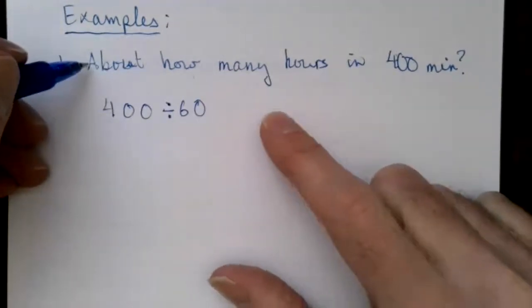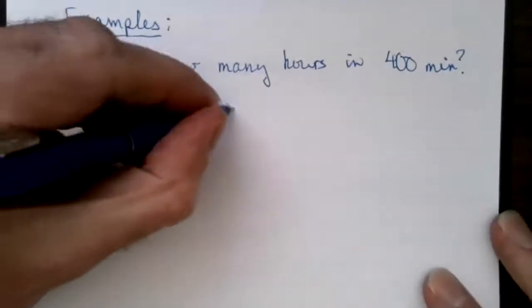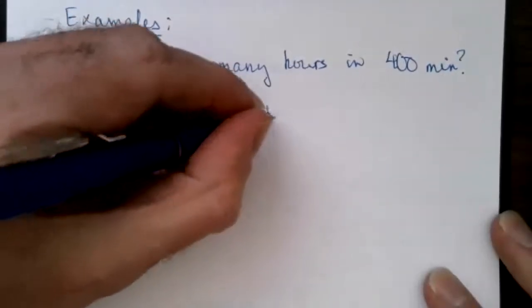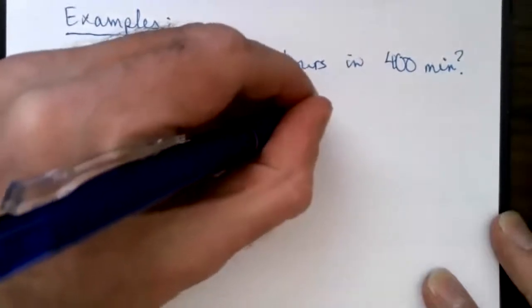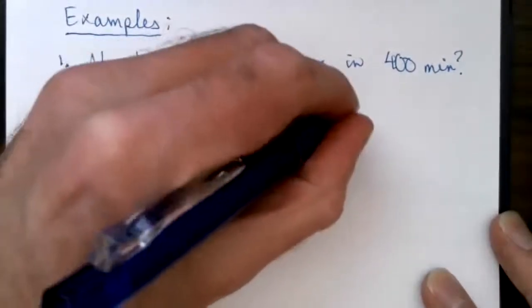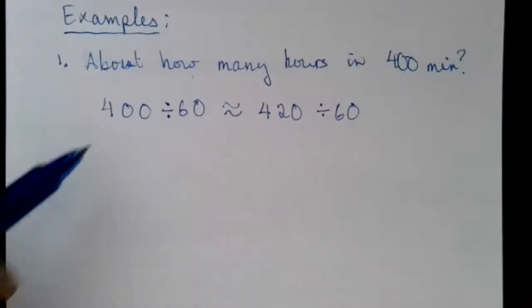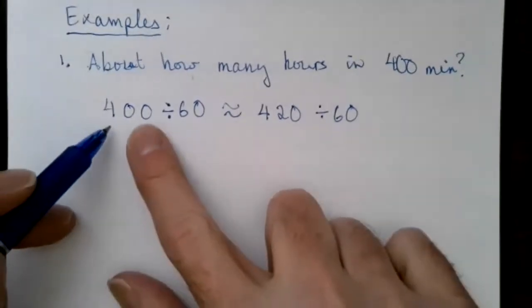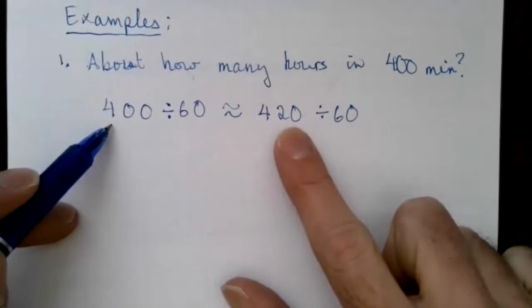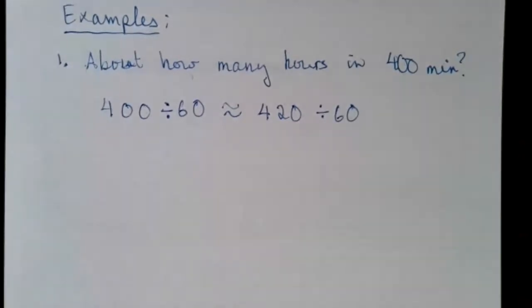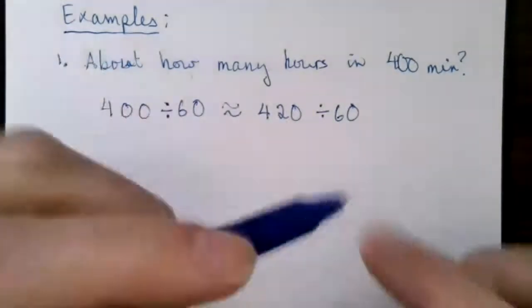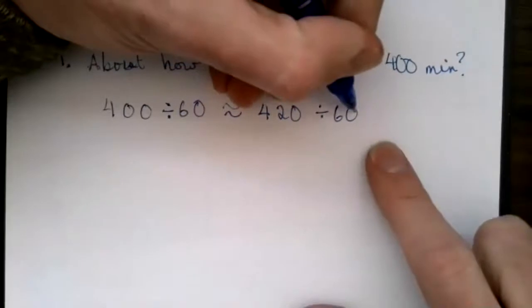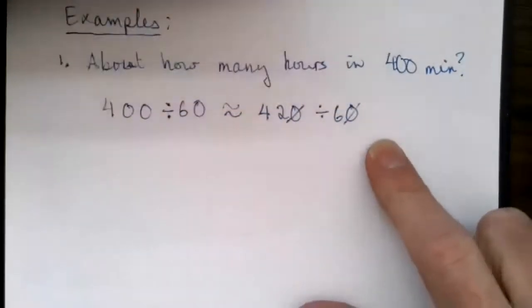Now, if I'm only concerned about an approximate answer, here's what I would do. Let's actually do this instead. Now why would I change this to 420? Because 60 times 7 equals 420. I'm thinking about my multiples of 60. In fact, I don't even need to think about multiples of 60.